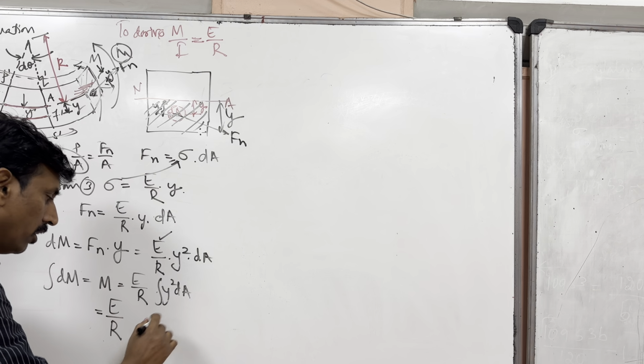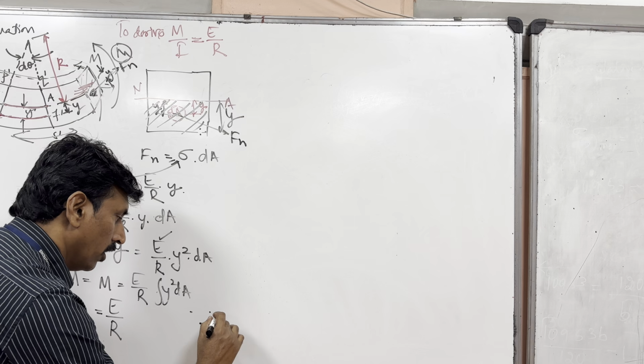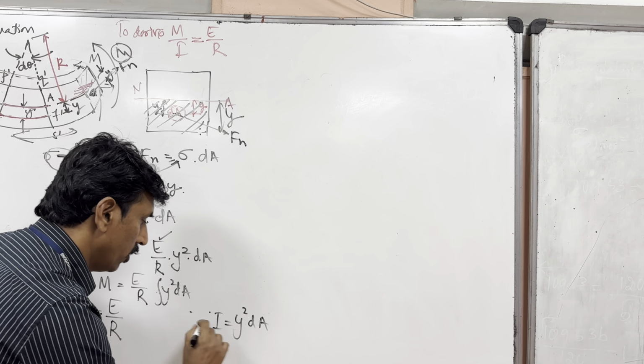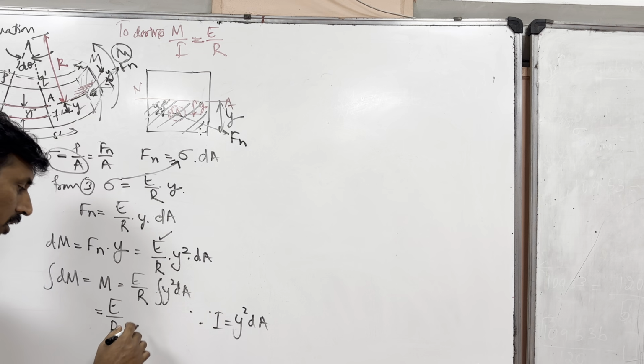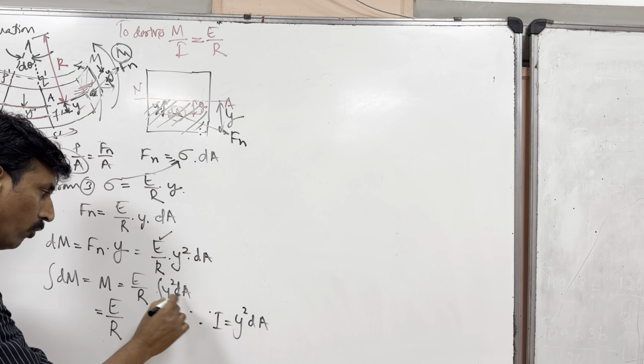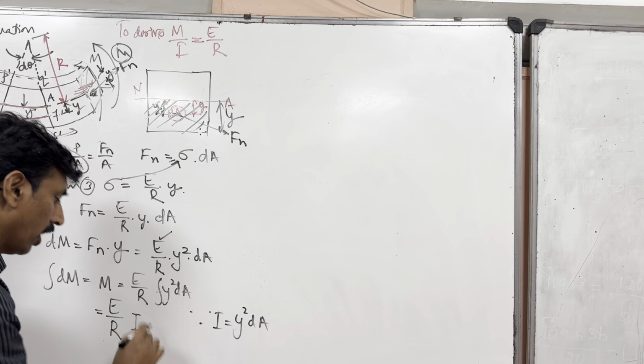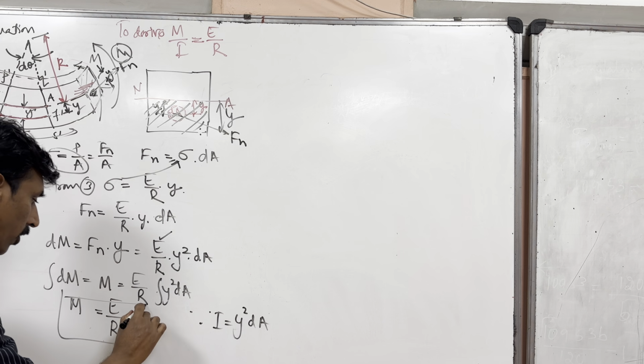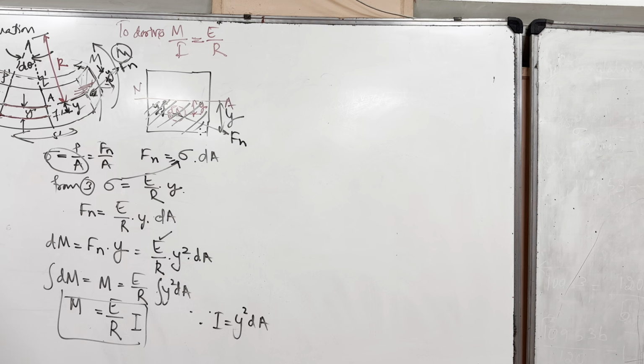So I is nothing but the integral of y square dA. So therefore you can write this integration of y square dA as I, and you can write this as m. Okay, it almost looks like Mary, M-E-R-Y.